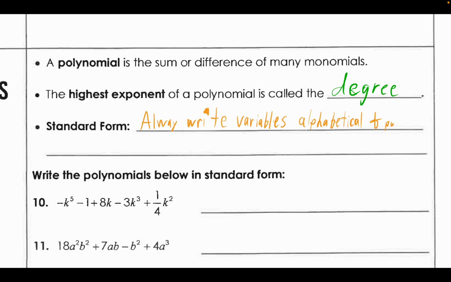And put exponents in descending order. So those are two guidelines: alphabetical and descending order. Descending means greatest to least, such as 5, 4, 3, 2, down to 1, and 0. And alphabetically just means in order of our alphabet, A coming first, Z coming at the end.